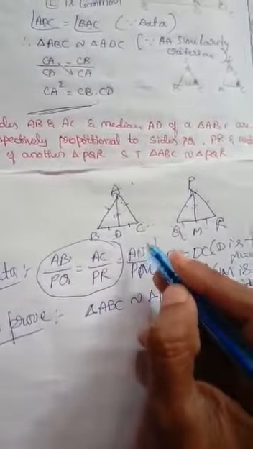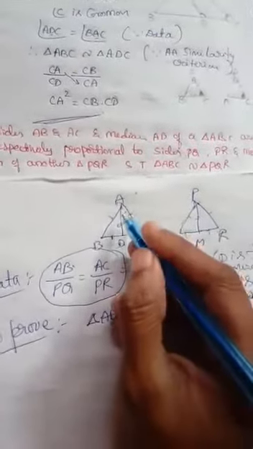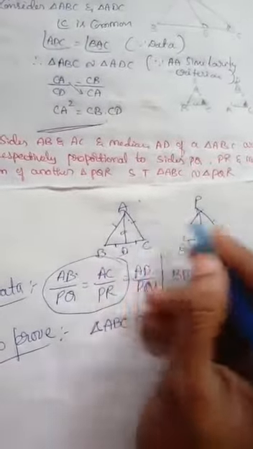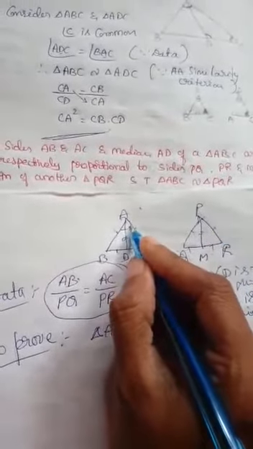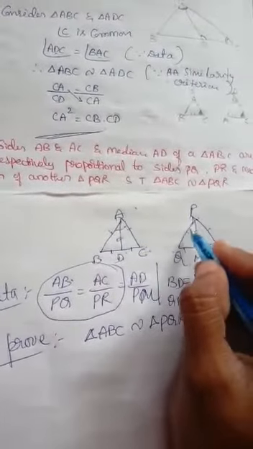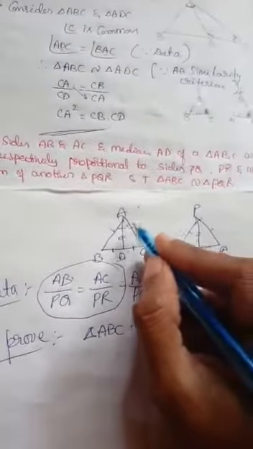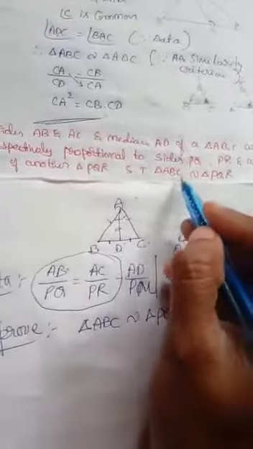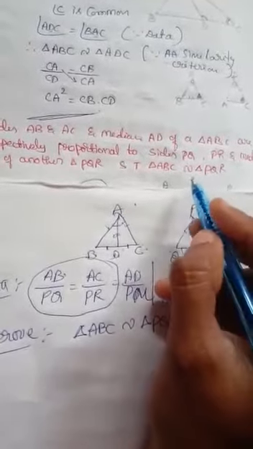So we have to prove either BC is proportional to QR, or one of the angles of triangle ABC is equal to the corresponding angle of triangle PQR. If we prove any one pair of corresponding angles equal, then we can show that these two triangles are similar.